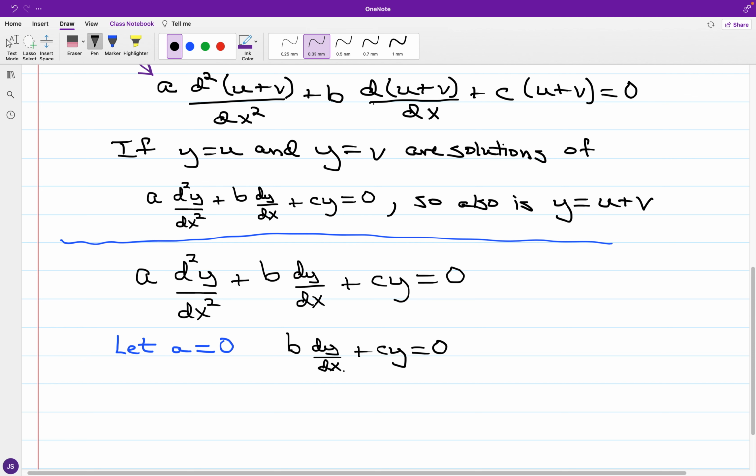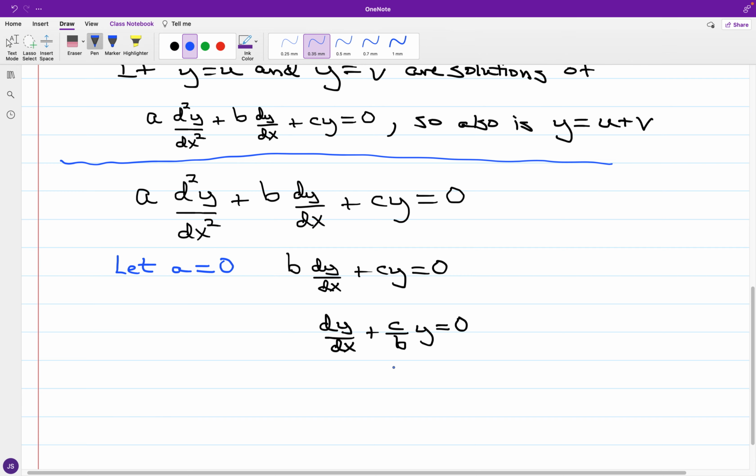And let's say that, just kind of like when we were looking at the integrating factor, I wanted the derivative to have no coefficient other than 1 in front of it. So if I were to divide this equation by b, it would have dy over dx plus c over b times y is equal to 0.